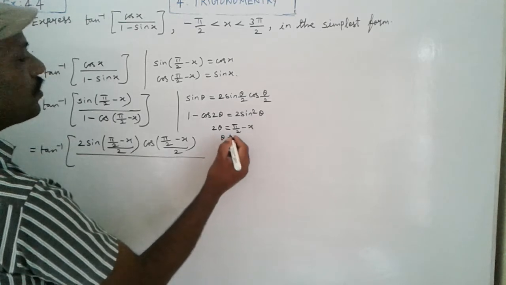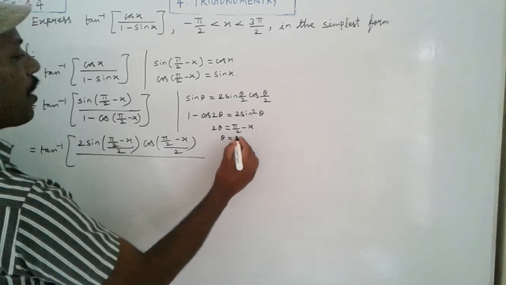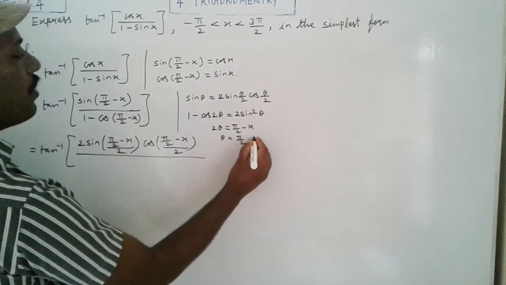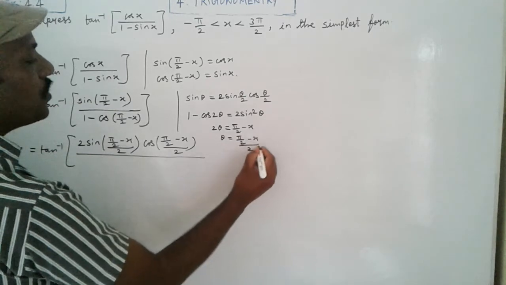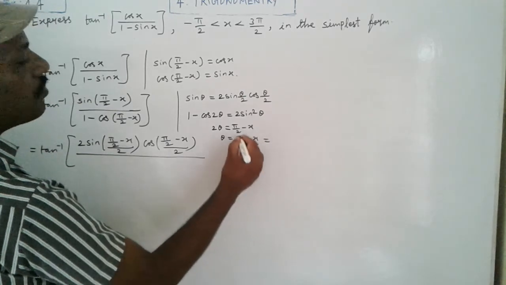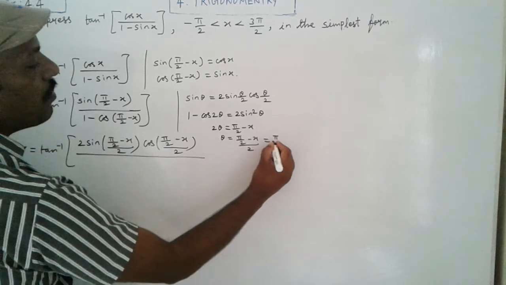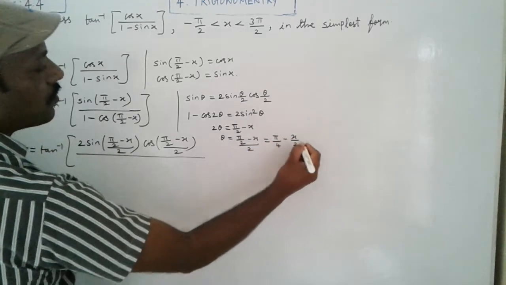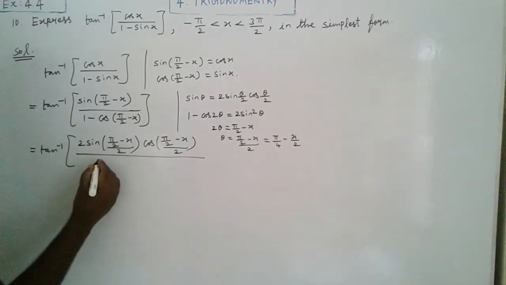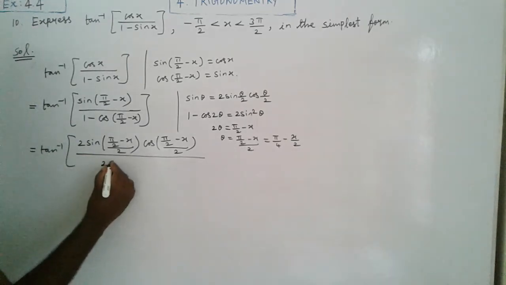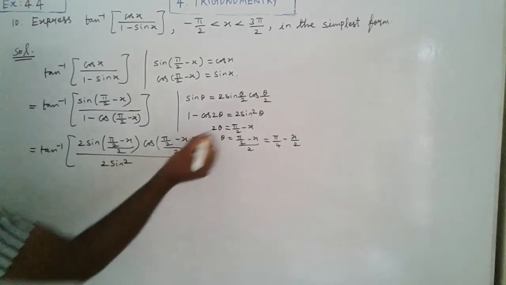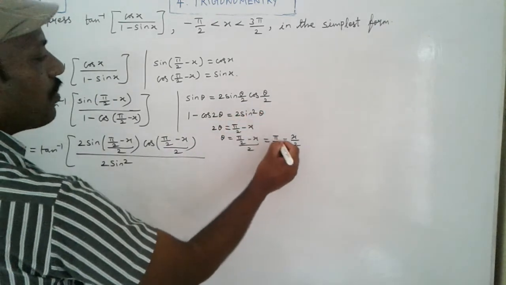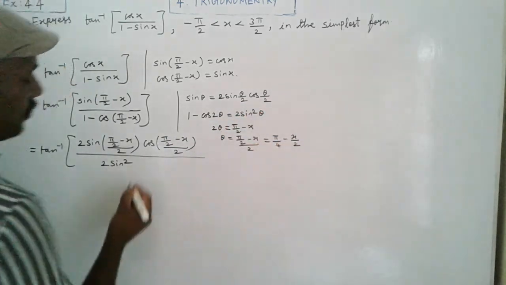Theta equals pi by 2 minus x divided by 2, that is pi by 4 minus x by 2. So 2 sine square theta is given, theta being pi by 4 minus x by 2.